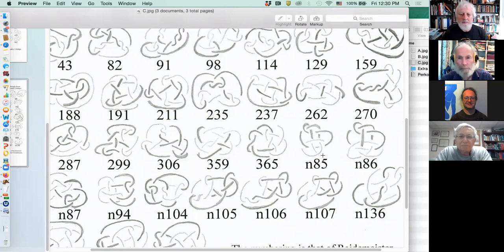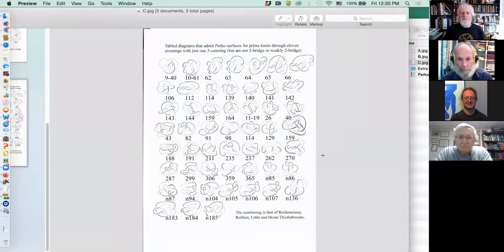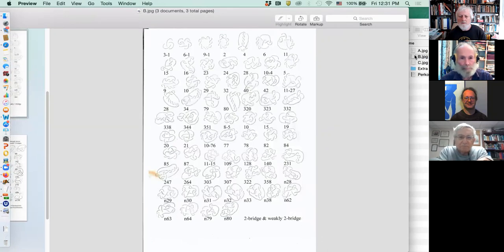But once again, you can take a diagram like this that has a visualizable surface bounding the index 2 branch and manipulate it in all kinds of different ways to get predictable linking numbers for the result that you get. Going back to the slide before this, Lou. These are the 2-bridged examples at the top and the weakly 2-bridged examples at the bottom.